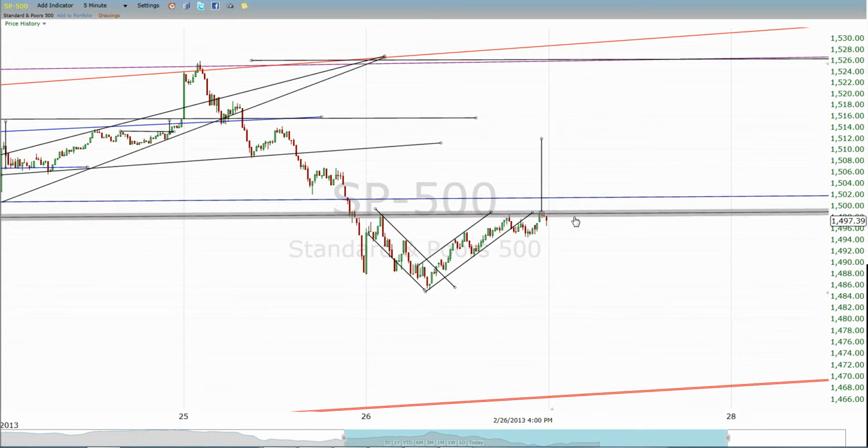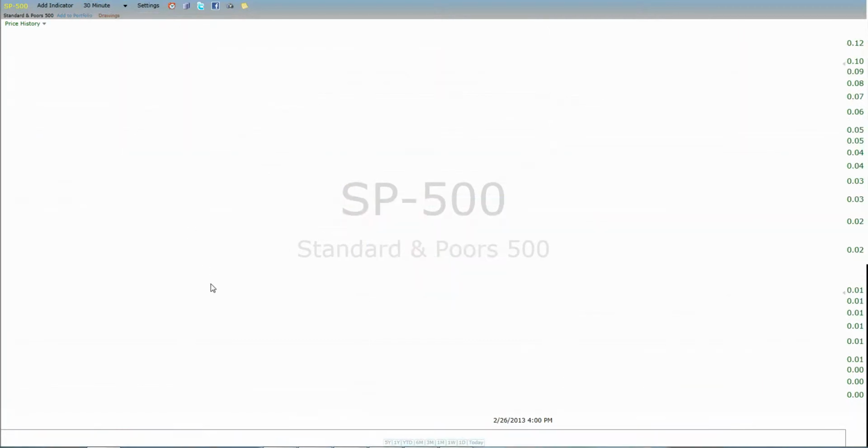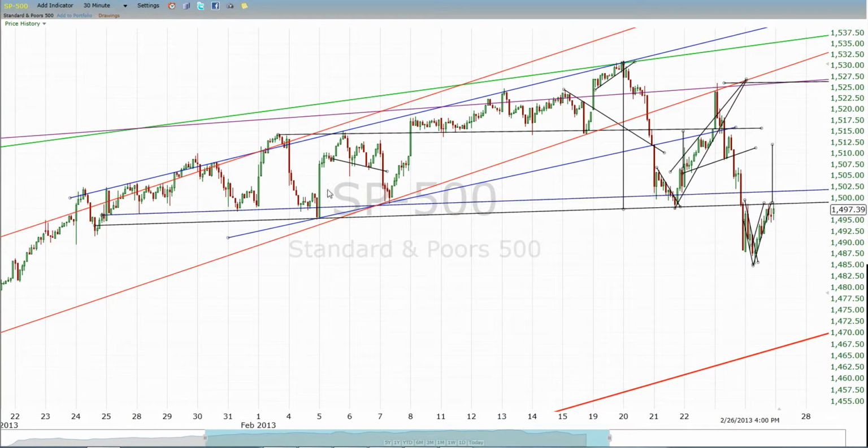But guys, necklines, just remember, they put up a strong fight. We may get over this area temporarily, but I think overall the chances of this little pattern beating our larger pattern on a 30-minute chart are slim. Looking at all this price action, it's pretty much on the cards that we will probably come down.